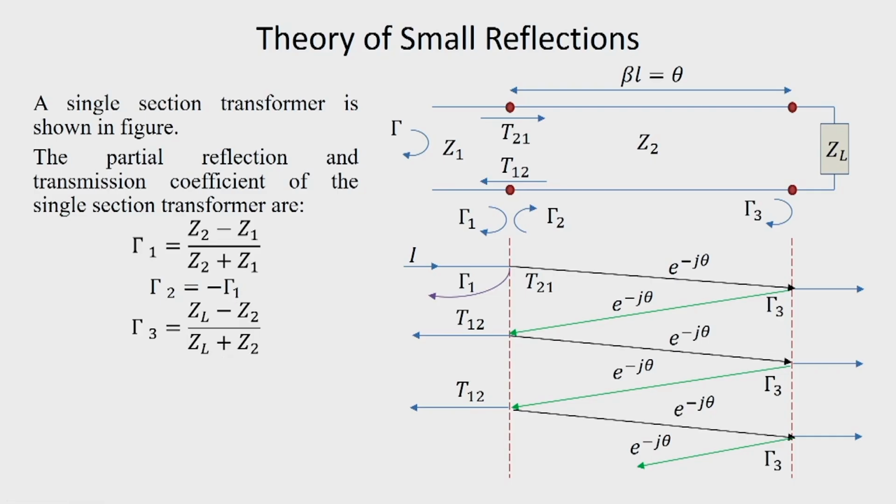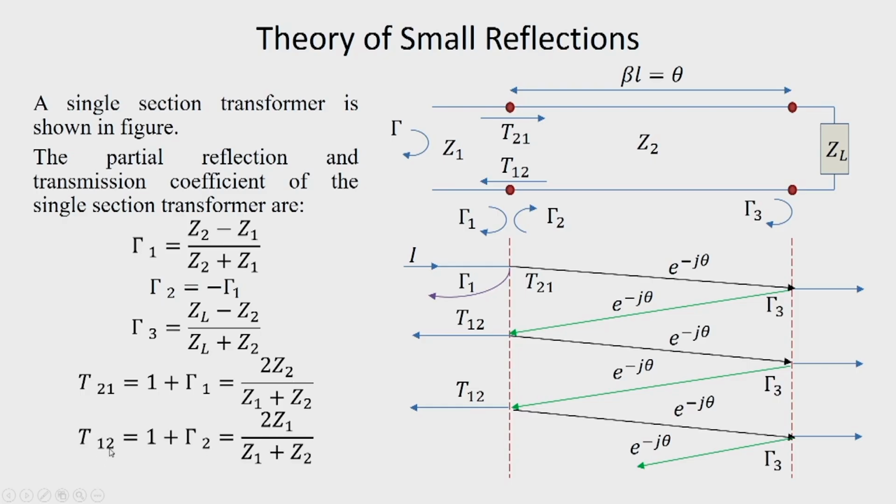So, having defined gamma 1, gamma 2 and gamma 3, now we define T21, which is equal to 1 plus gamma 1, and it becomes 2 Z2 by Z1 plus Z2. Similarly, T12, which is 1 plus gamma 2, becomes 2 Z1 divided by Z1 plus Z2.